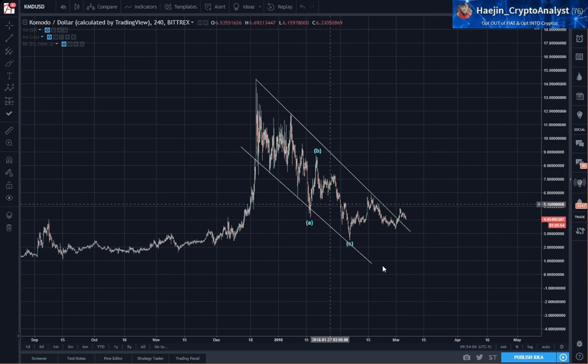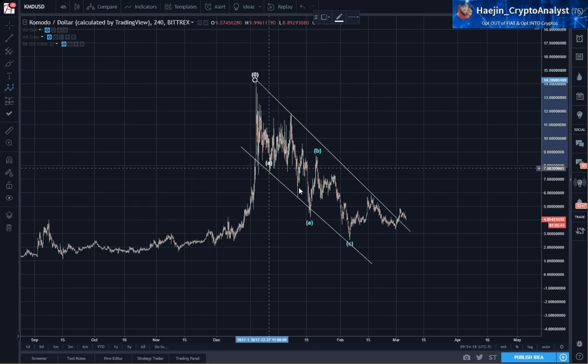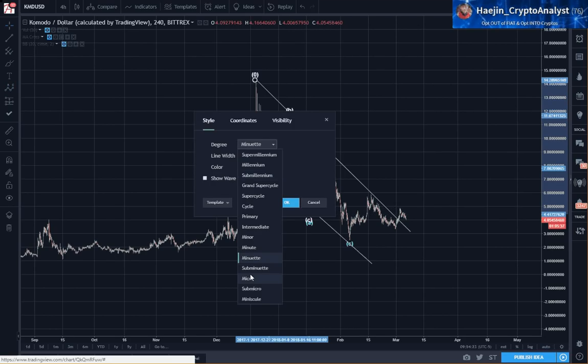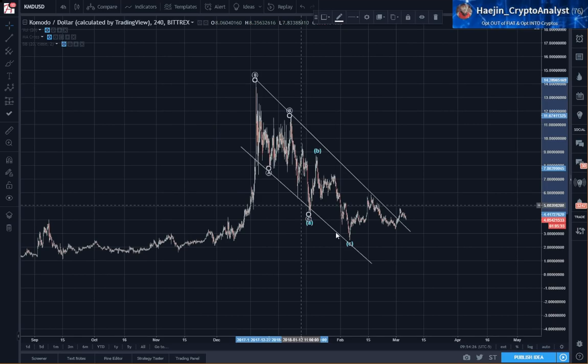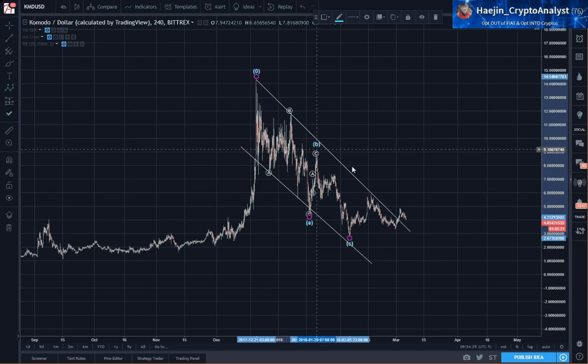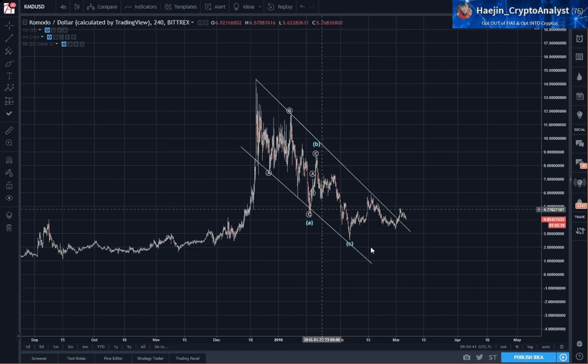So if I have it as an ABC, let's do the subwaves. We can have ABC for blue A, and then we can have ABC for blue B, like so. And C always has 5 subwaves.